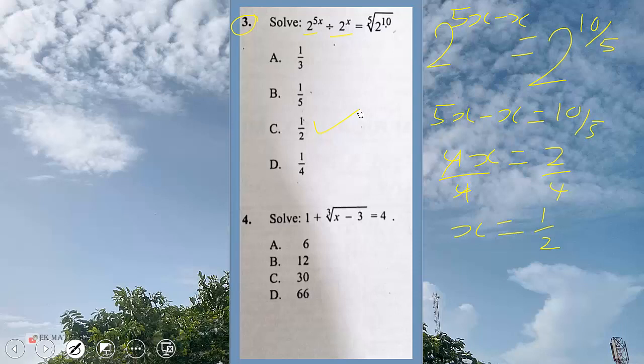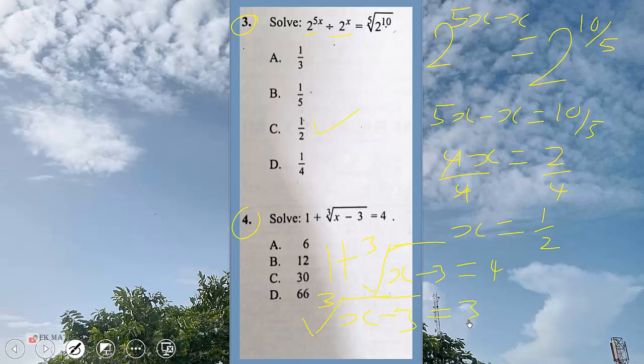Now let's look at question number 4. So we're told to solve 1 plus cube root of x minus 3 is equal to 4. So we subtract 1 from both sides, we get cube root of x minus 3 will be equal to 4 minus 1, which is 3.